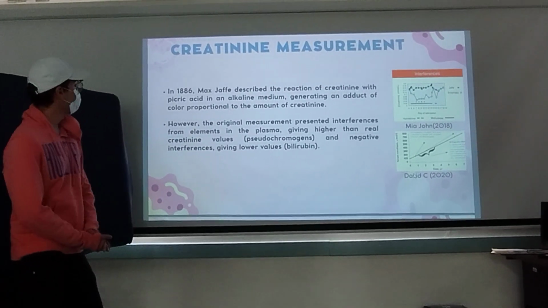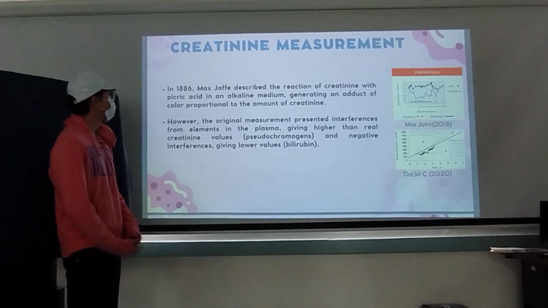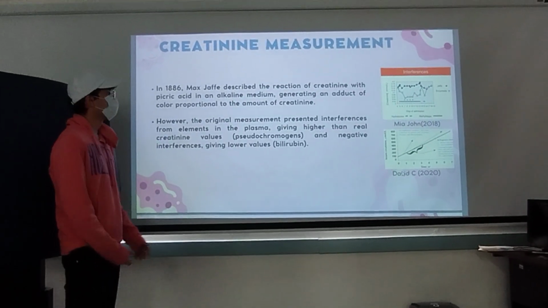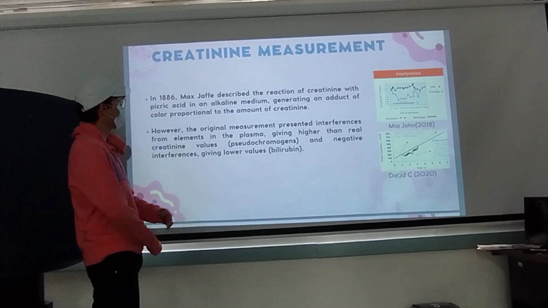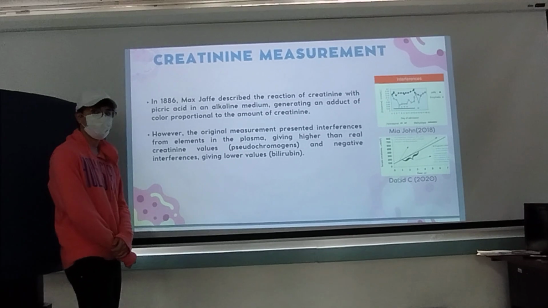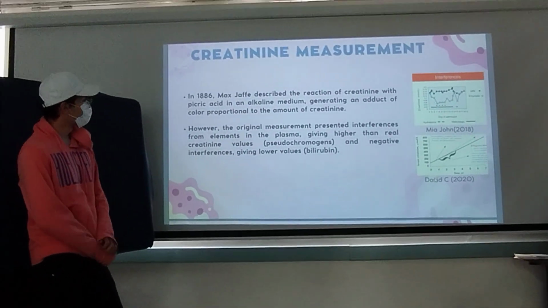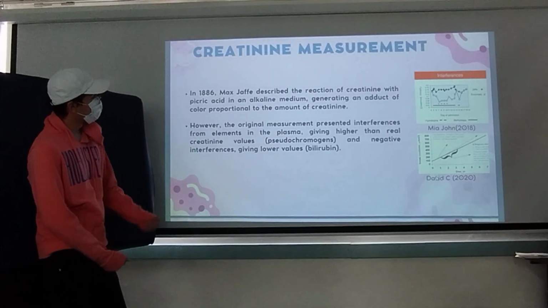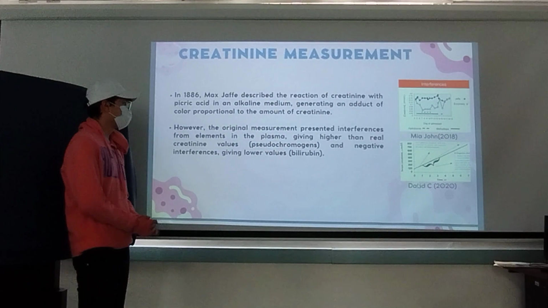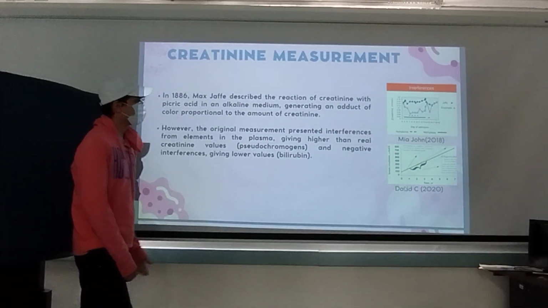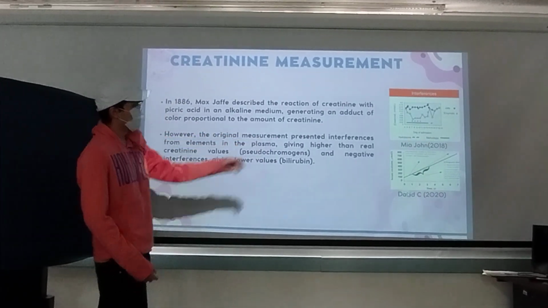Creatinine measure. Okay. In 1886, Max Jaffe described the reaction of creatinine with picric acid in an alkaline medium, generating an adduct of color proportional to the amount of creatinine, but the original measurement presented interference from components in the plasma.